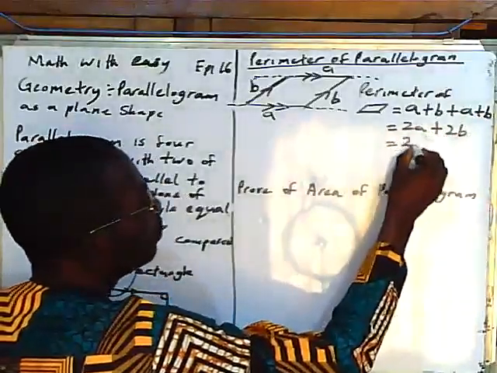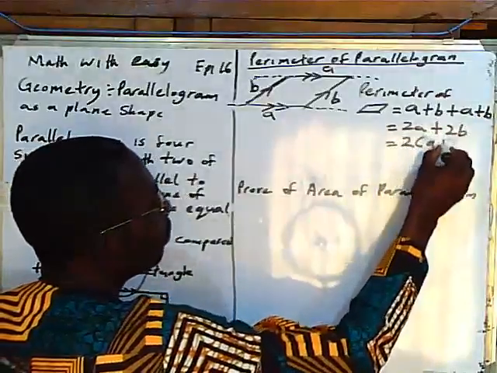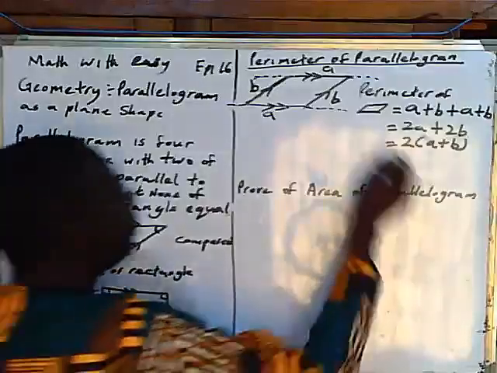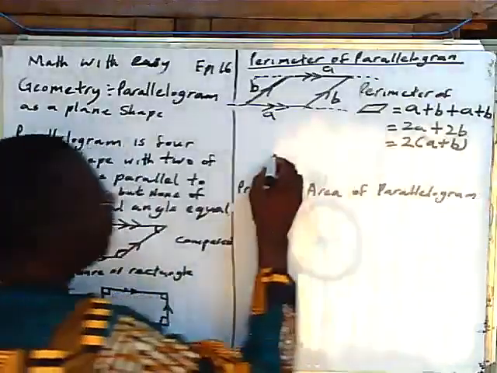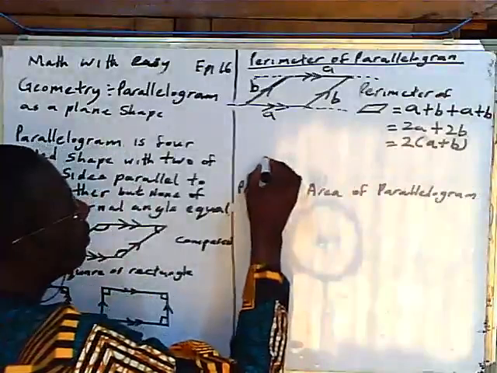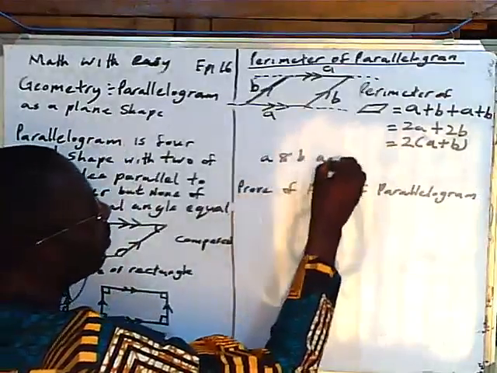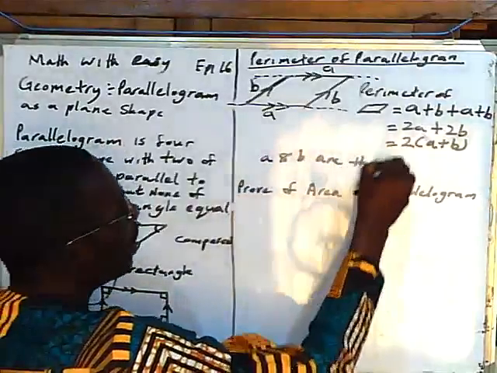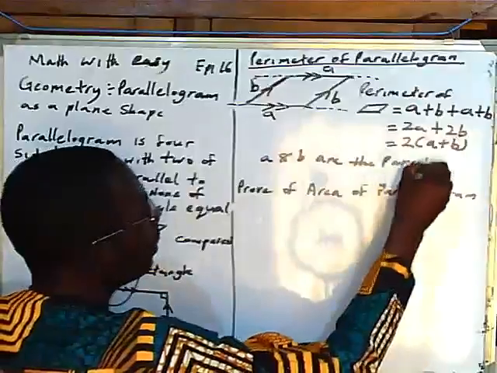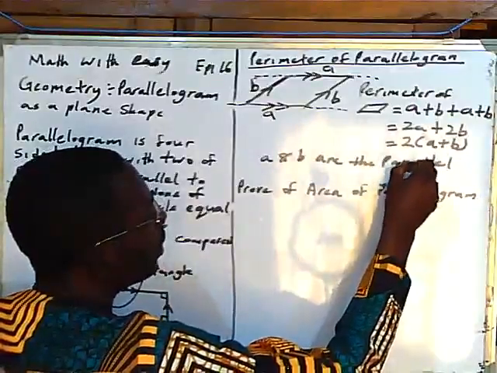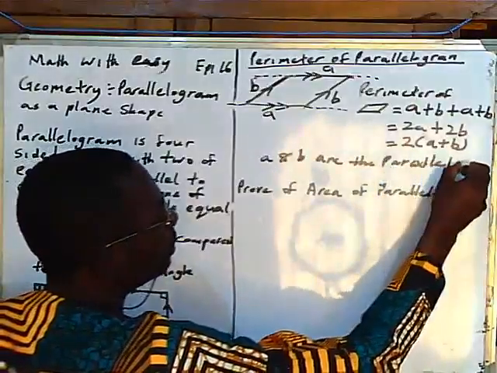It will be 2 into A plus B, just like a rectangle. But the only difference is A and B are the parallel sides.